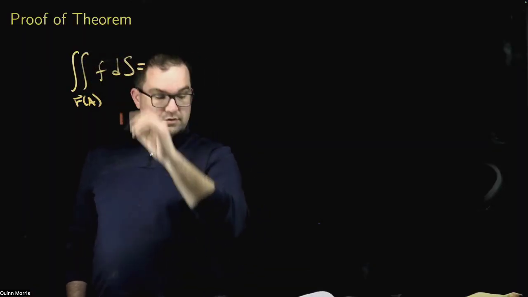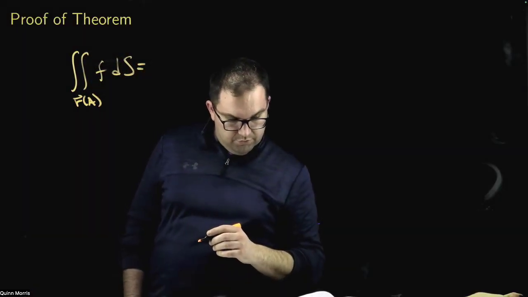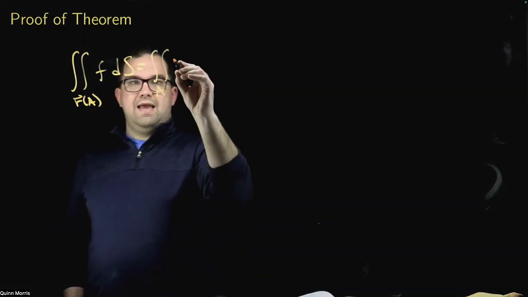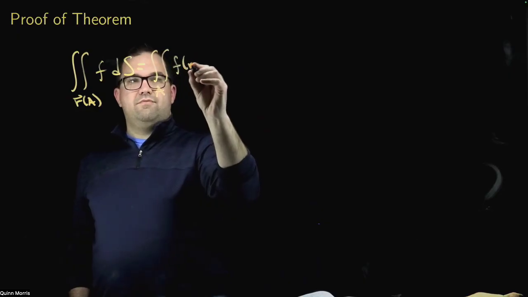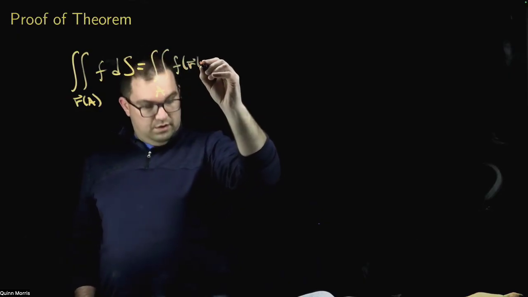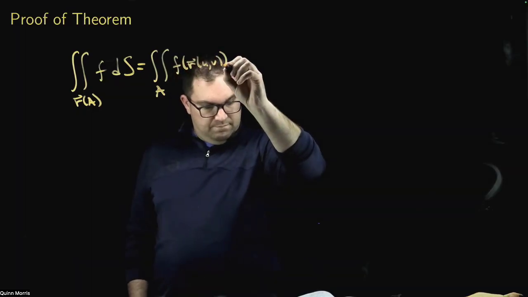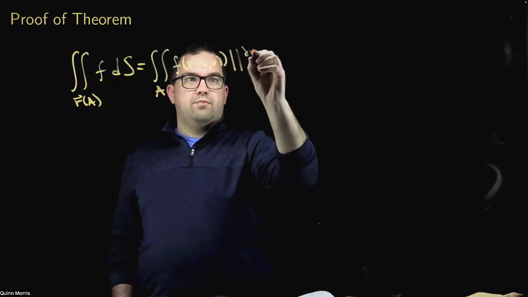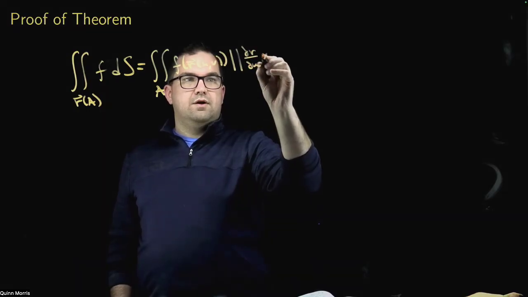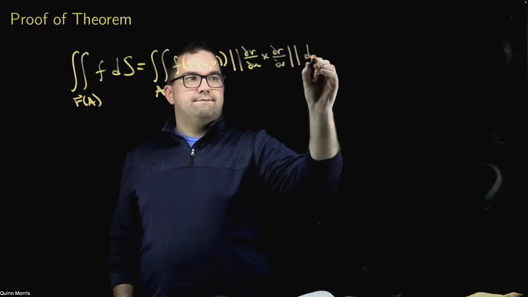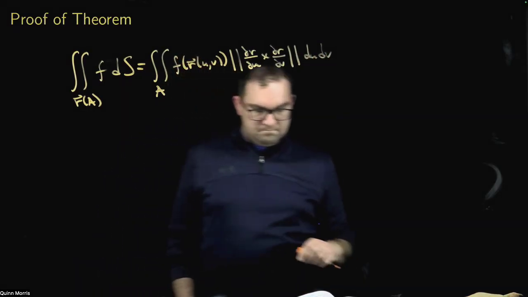And so by definition, that would be equal to the double integral over the region A of f of r of uv times the norm of the fundamental vector product dr du cross dr dv. Okay.